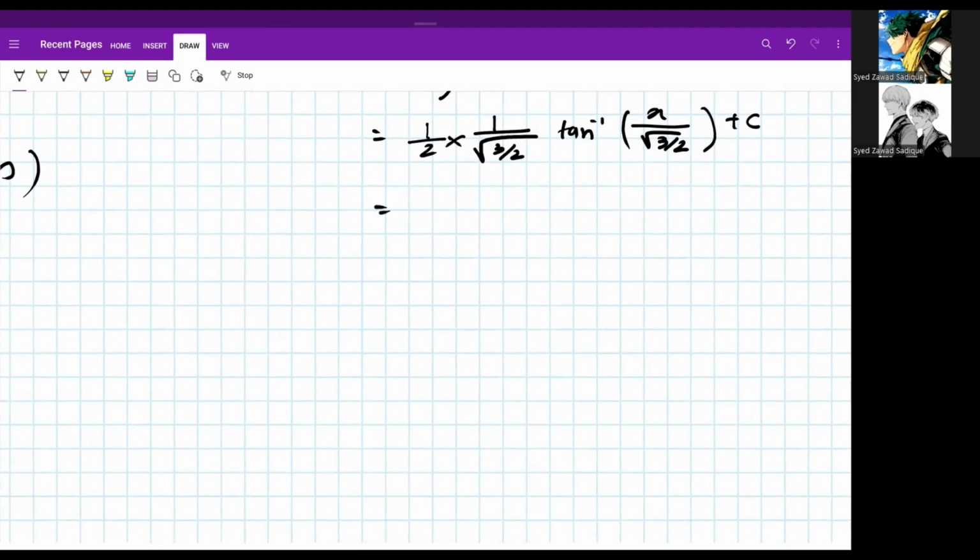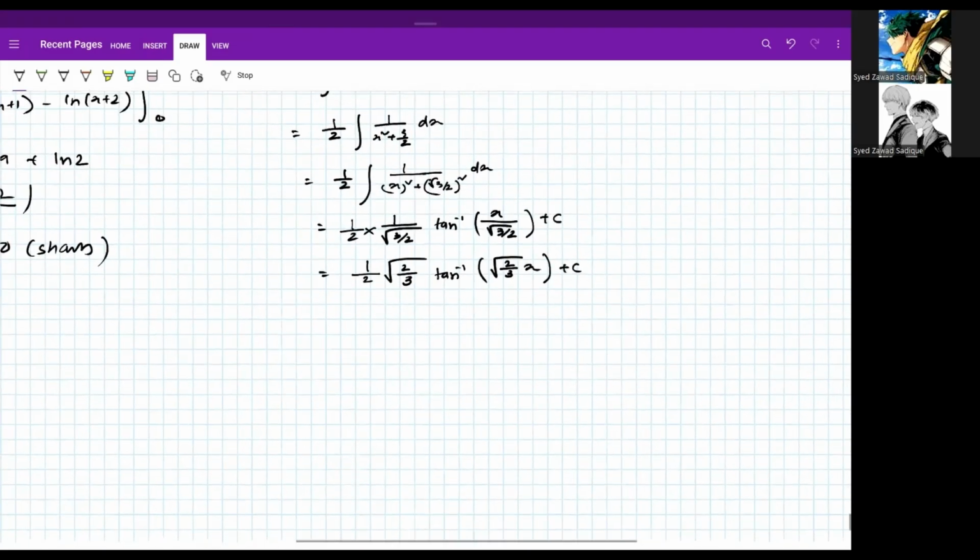Then we can write 1 by 2 times root 2 by 3 tan inverse root 2 by 3 x plus c. Okay, so that is the answer for this.